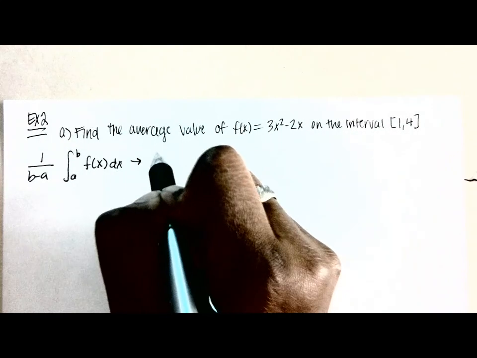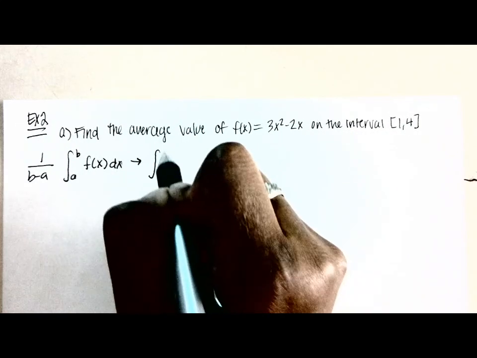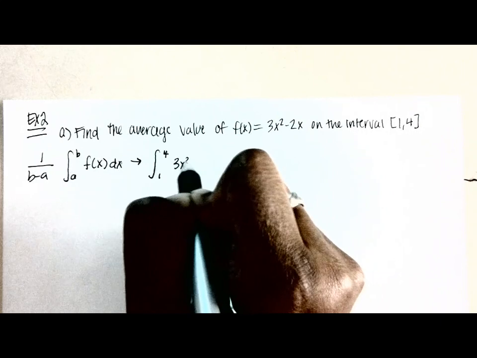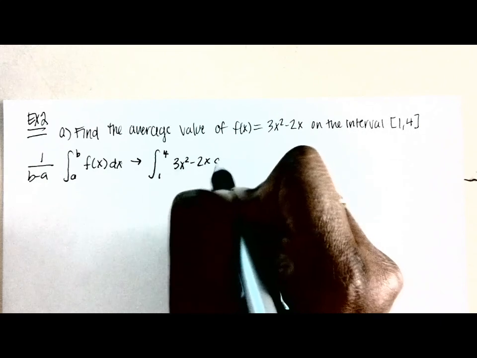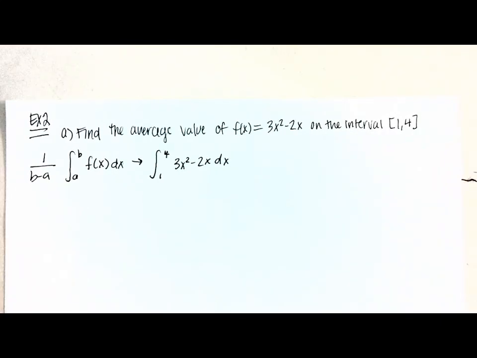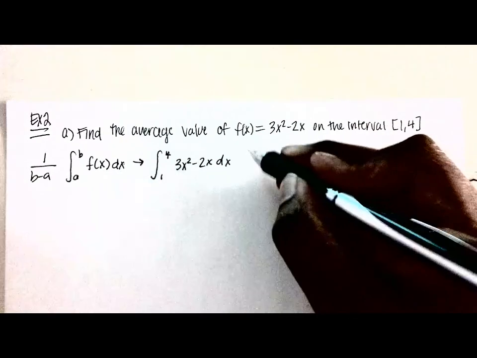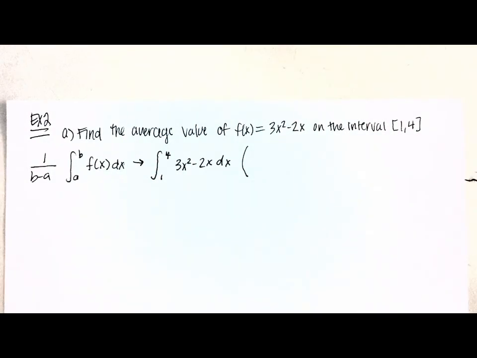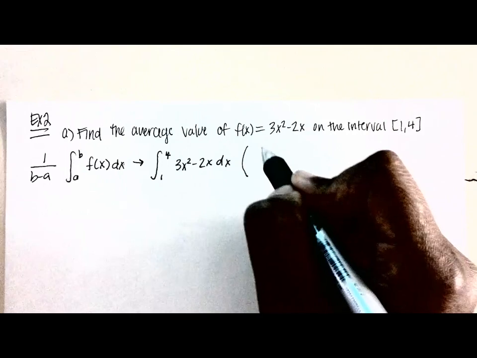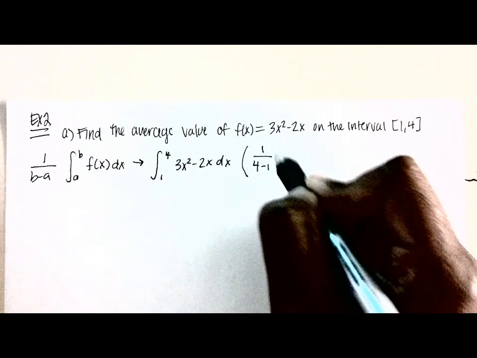So we've got the integral from 1 to 4 of 3x squared minus 2x dx, and then we're going to multiply that by 1 over b minus a, so 1 over 4 minus 1.